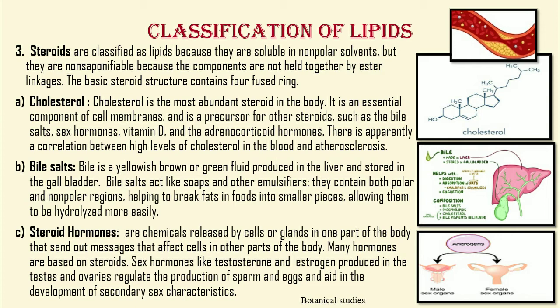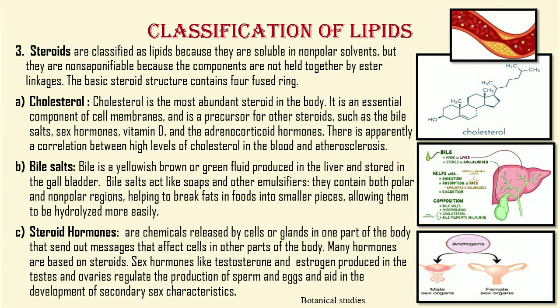Bile salts. Bile is a yellowish brown or green fluid produced in the liver and stored in the gallbladder. Bile salts act like soap and other emulsifiers. They contain both polar and non-polar regions, helping to break fats in foods into smaller pieces, allowing them to hydrolyze more easily. Steroid hormones.